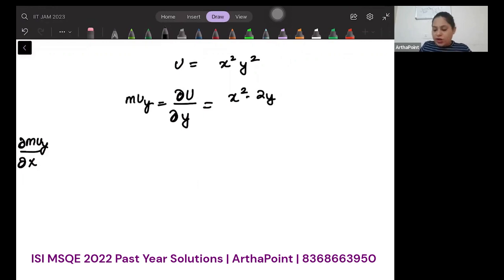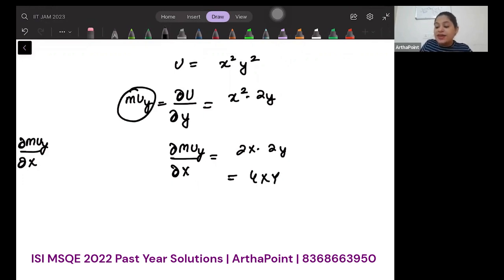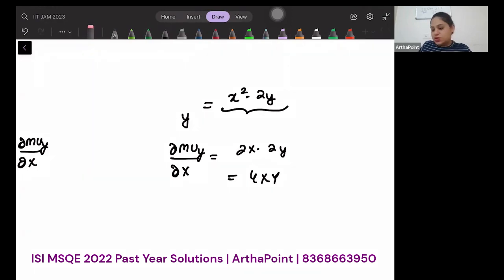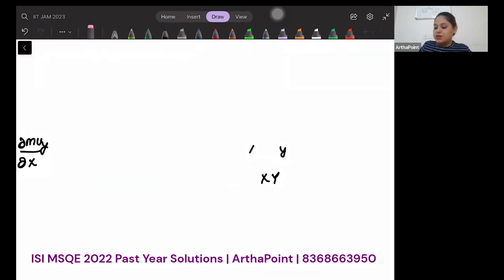At any point, can't I differentiate marginal utility of y with respect to x? I will get 2x into 2y, which is 4xy. That's not 0. Marginal utility of y can be a function of x and y both, so I can differentiate it with respect to x. Okay, so coming back here.